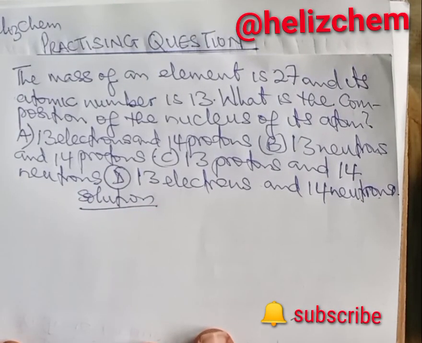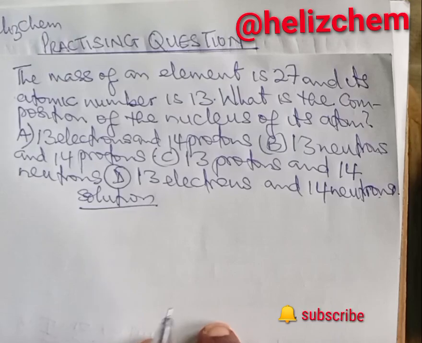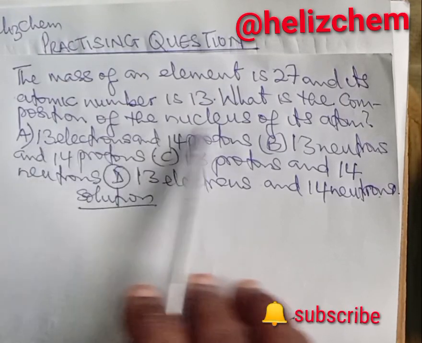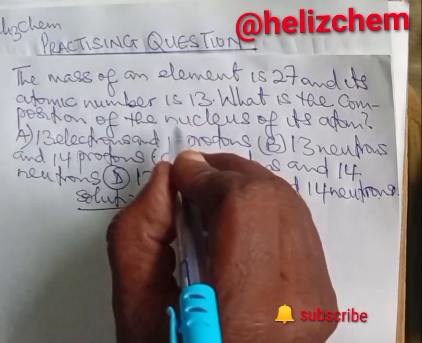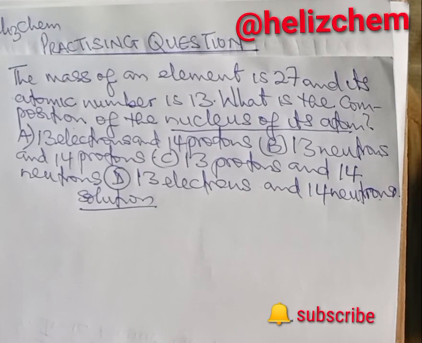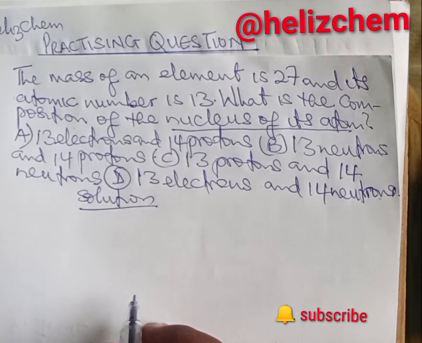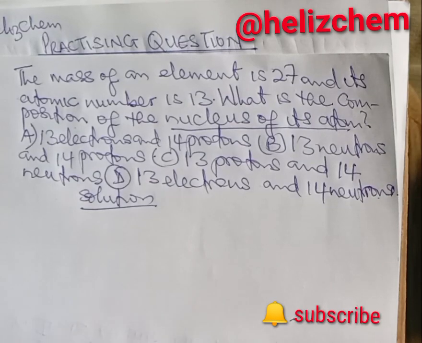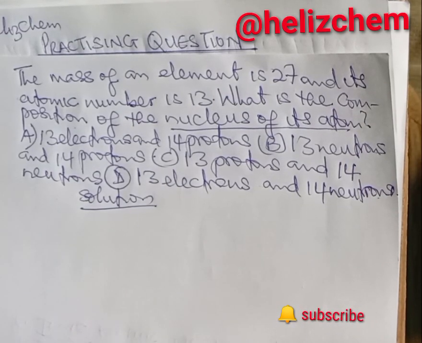Solution now. If you look at this question, they are asking for the composition of the nucleus of the atom. What are the particles present in the nucleus of an atom? That is where you will start from.